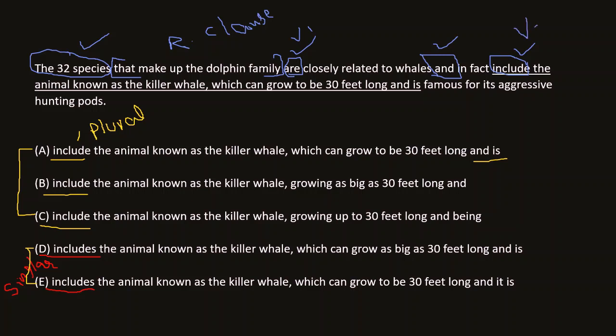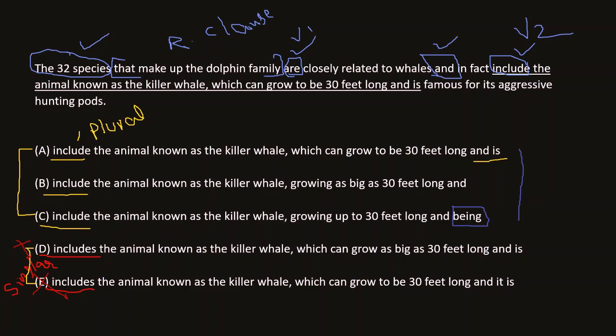That means it is a compound sentence in which you have a subject and two verbs joined with and. The subject is 32 species. One verb is are. So the other verb has to be plural, that is include. Now I eliminate the options having the singular verbs, namely options D and E are eliminated.